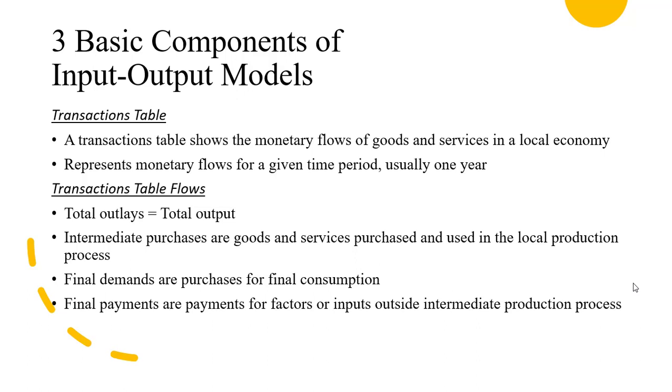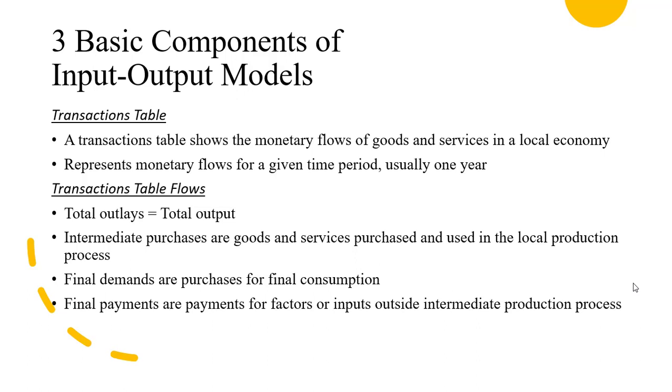A transaction table shows the monetary flows of goods and services in a local economy. There are two types of table, one physical quantity and one monetary. I am going to discuss the monetary transaction table, which represents monetary flows for a given time period.